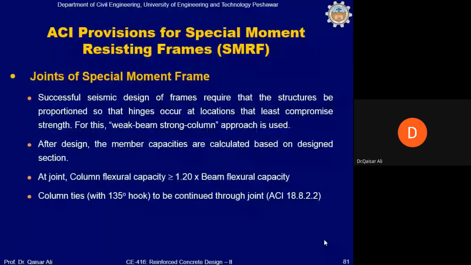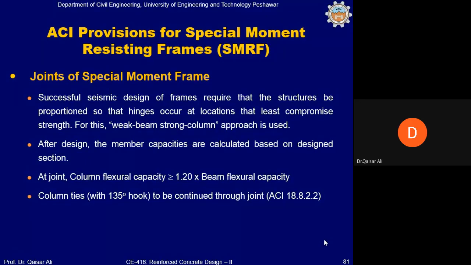And so that if this inelastic deformation and cracking occurs in the beam part, only that particular story will be subjected to some kind of sag and deformation. The whole structure will not collapse.